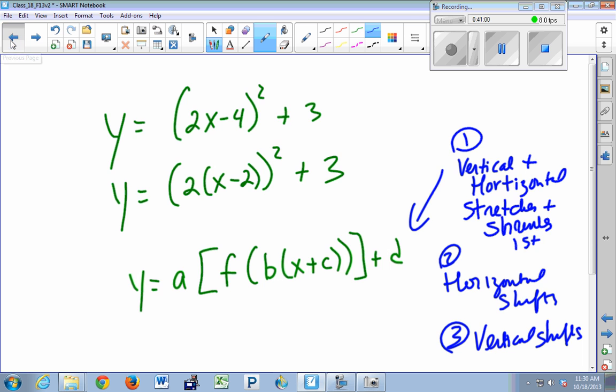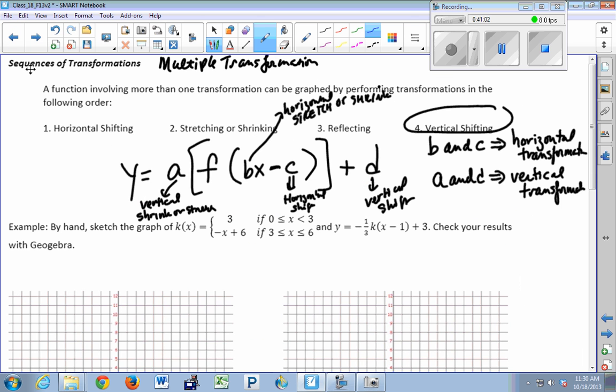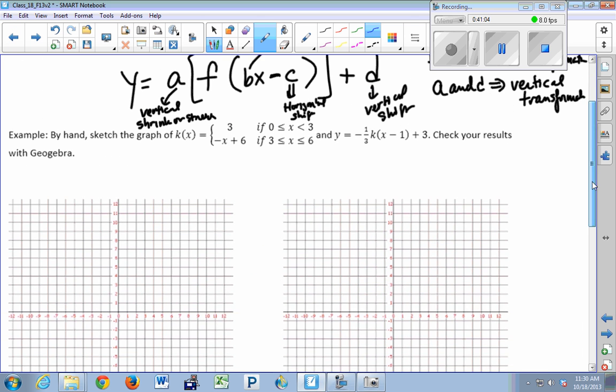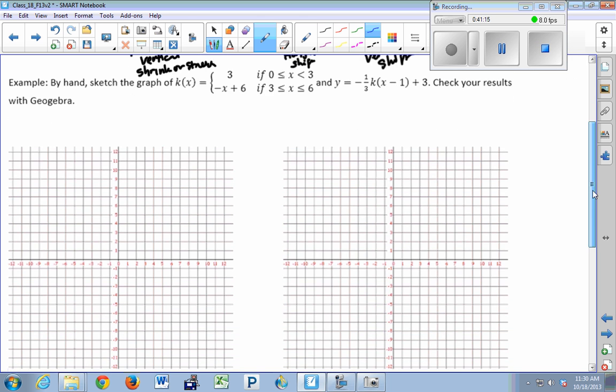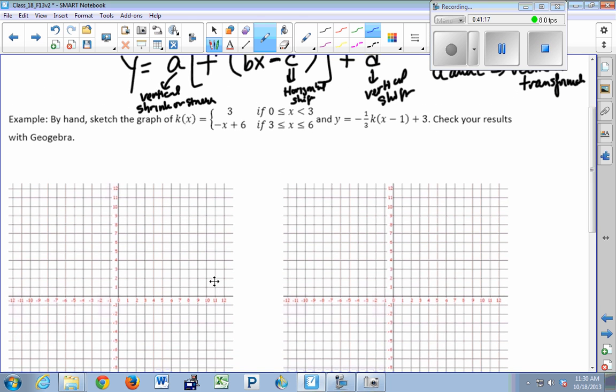So what I'd like you to do now, and it might be hard, we'll start this first one together. We'll draw the piecewise together. We'll do the first transformation, and then I want you to practice doing the rest of them at your seats. So we've got a piecewise function. What's the domain?